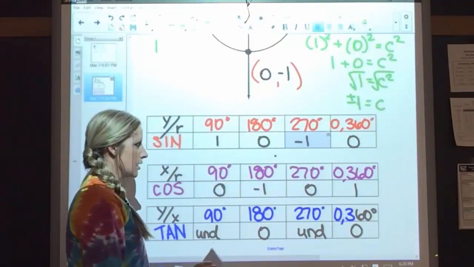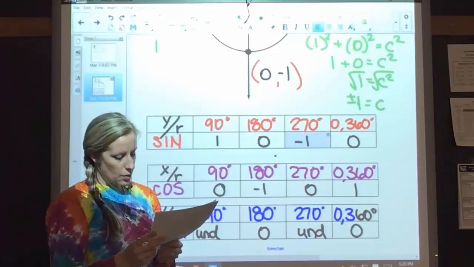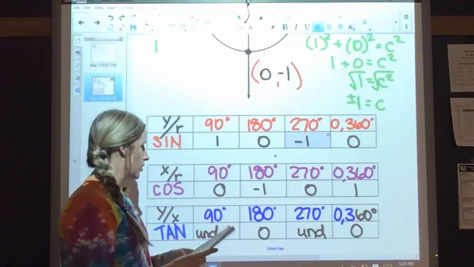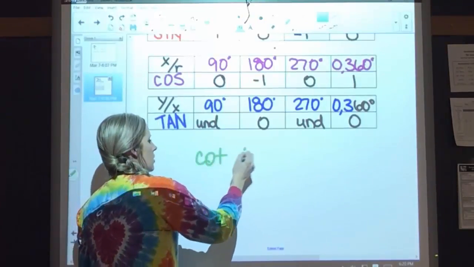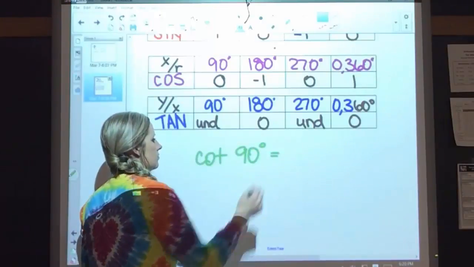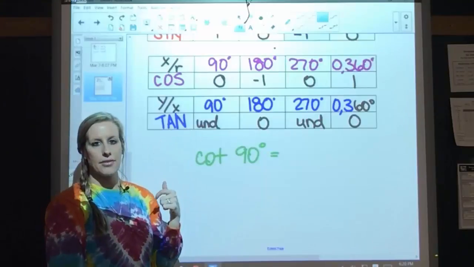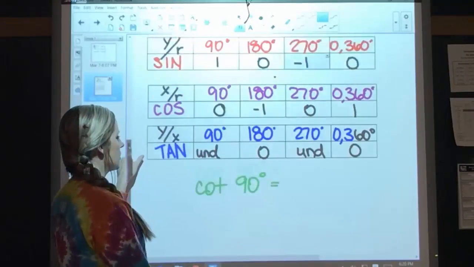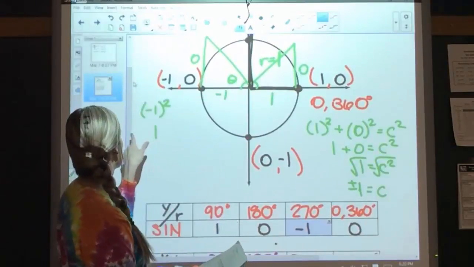Okay, so that's our tables. And then the two questions at the bottom: what would cotangent of 90 degrees equal? You can look at the tangent table, or you can look at the graph that we made. So if you look at this graph, we're talking about 90 degrees.